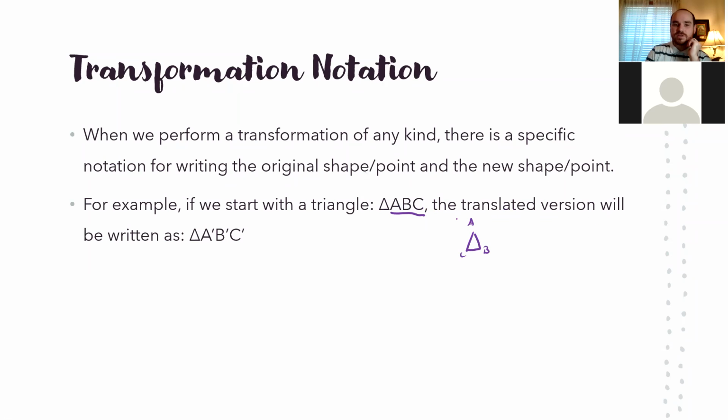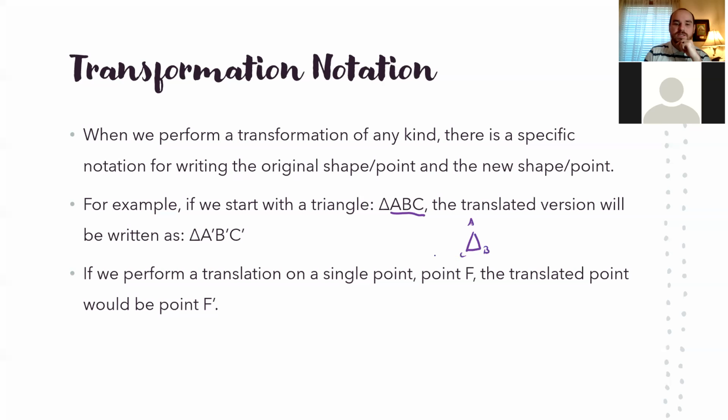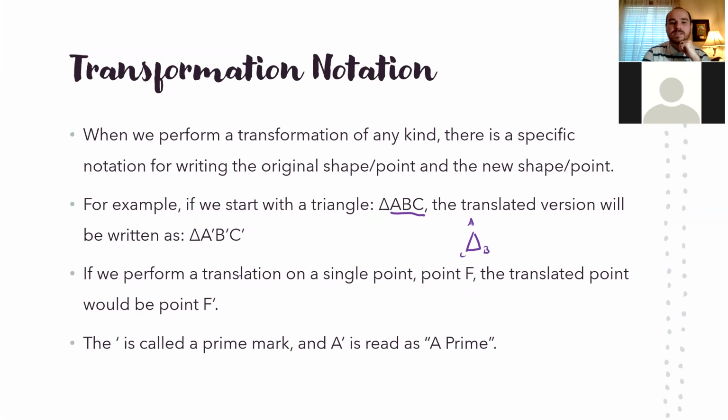The translated version is written as triangle A', B', C'. If we perform a translation on a single point, point F, the translated point would be point F with a little apostrophe. The apostrophe in math is called a prime mark. So A' is read as A prime.